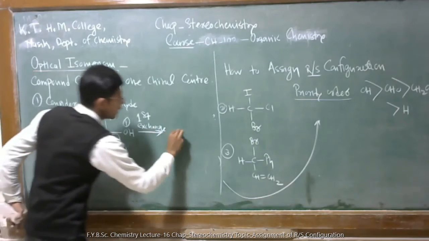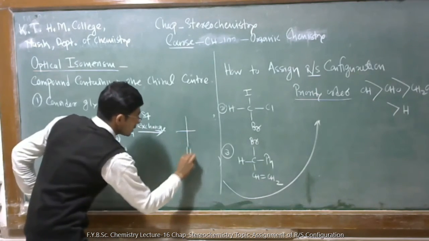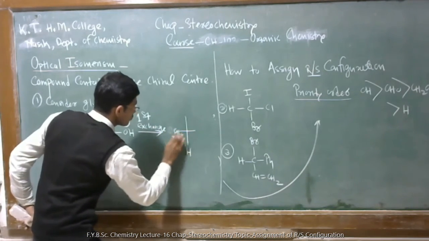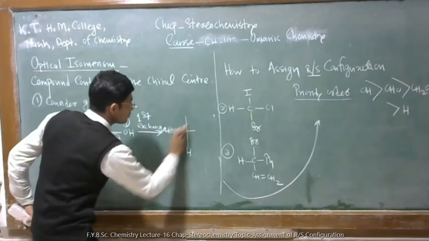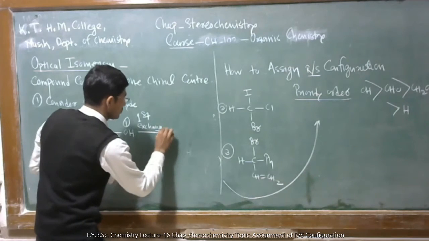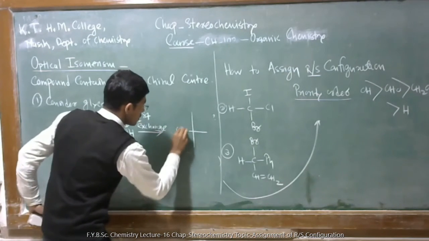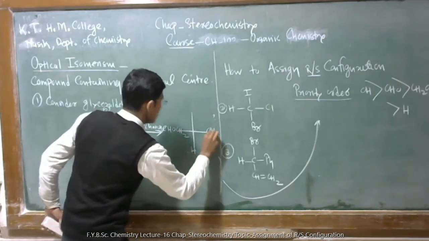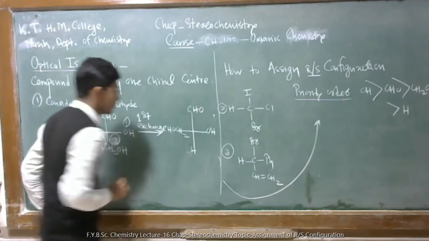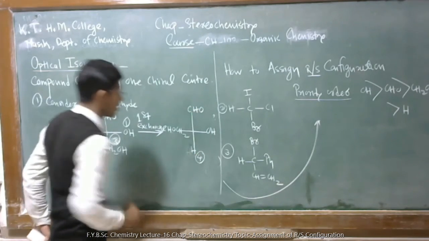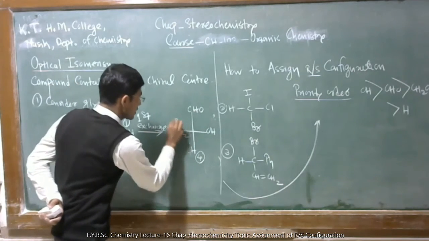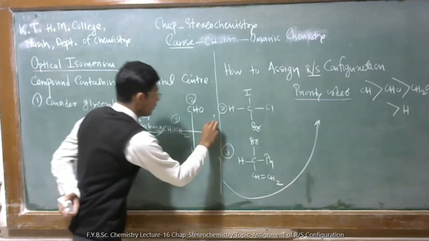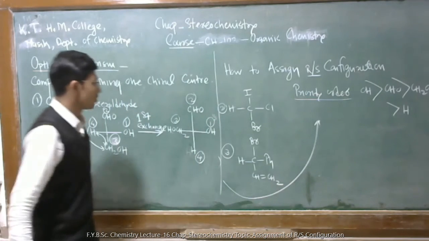By interchanging these two groups, H comes at this position, CH2OH comes at this position, OH comes at this position, and the aldehyde group comes at this position. So the fourth priority group comes to the bottom because of this exchange. Third comes at this position, 2 is as it is here, and 1 is here.